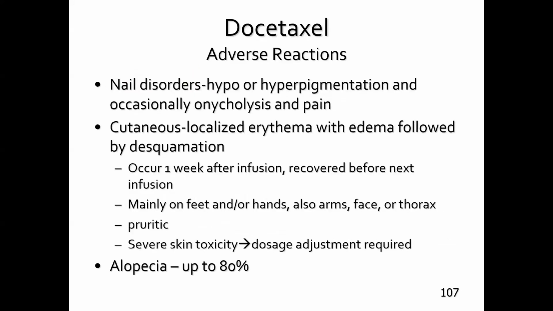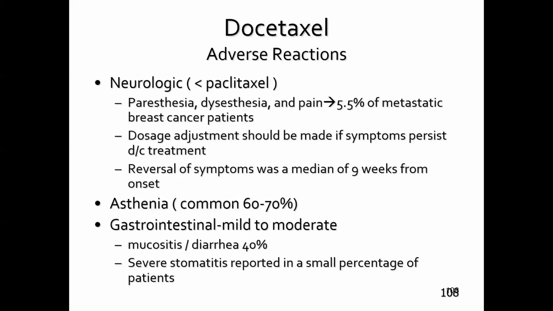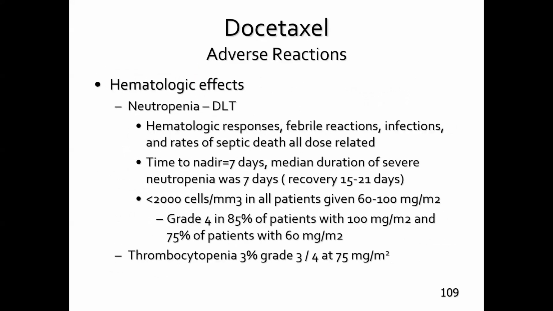You get nail disorders, hyperpigmentation, and your neurological effects are less with paclitaxel, and neutropenia is maybe deeper, but it tends to be shorter lived than it is with paclitaxel.